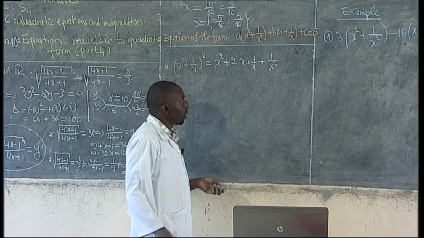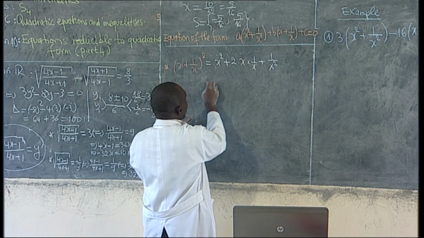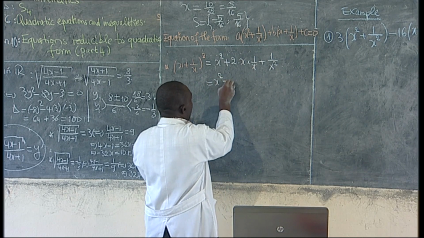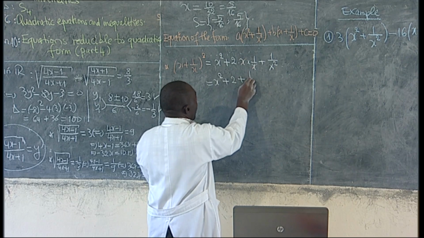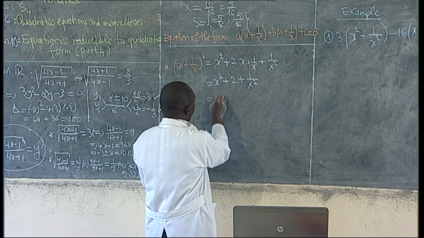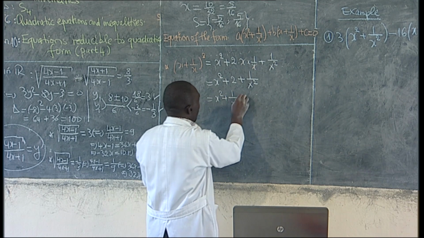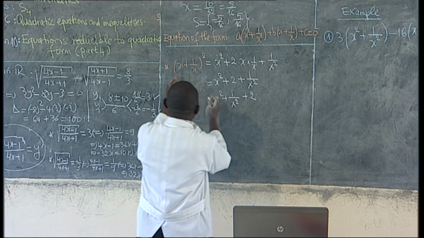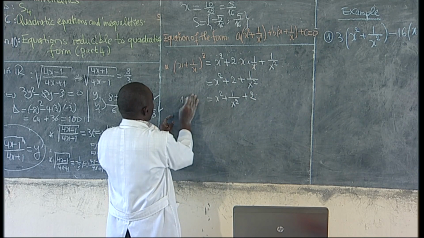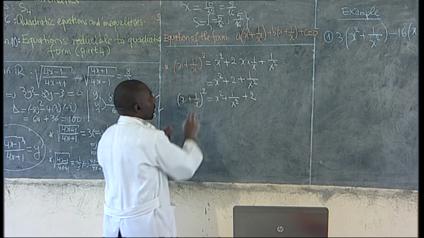Do you see? I simplify x and x, and I get x squared plus 2 plus 1 divided by x squared. It means that x squared plus 1 divided by x squared plus 2 is equal to x plus 1 divided by x, squared.